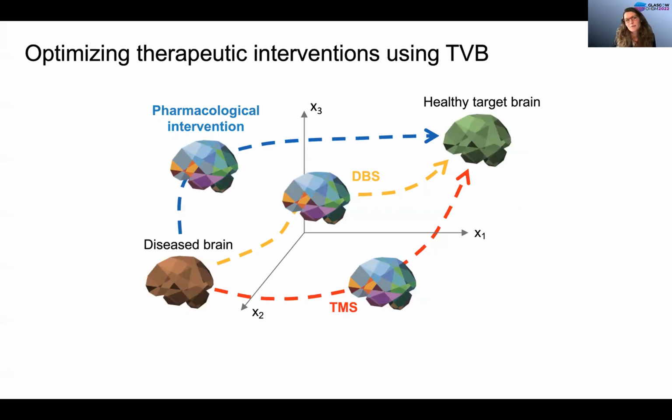So how will we use this equation now to go using the virtual brain from a diseased brain towards a healthy target brain in this schematic now 3D space of brain states?